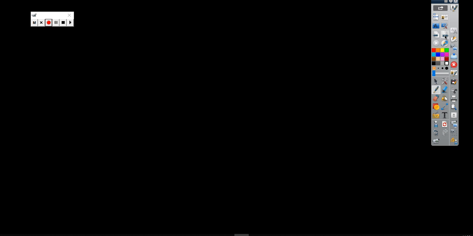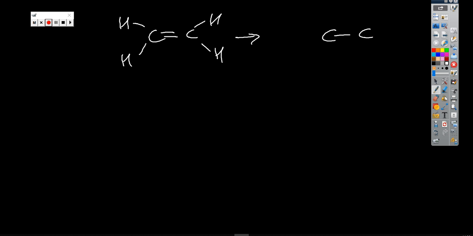So let's have a look then at how we apply this. We'll take a really simple example like ethene. So there's ethene there. We're not getting any simpler than this. So we just apply it. We take our carbons X and Y, and we break one of the bonds in the double bond. And remember that new bonds will form either side.